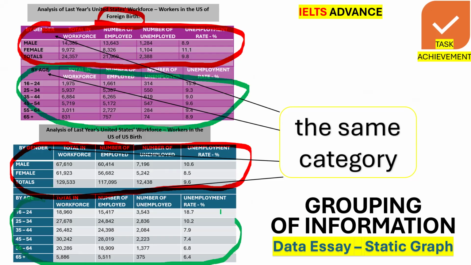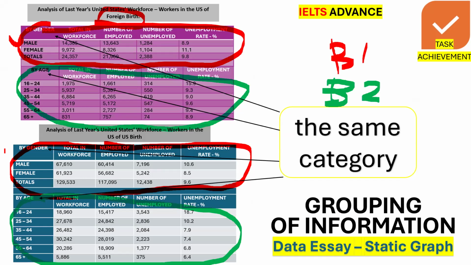So we combine both graphs, okay? So again, body paragraph 2 is green. That is the information here from the table on the top and the table below. And our body paragraph 1 is the information here, the table at the top by gender and the table below.